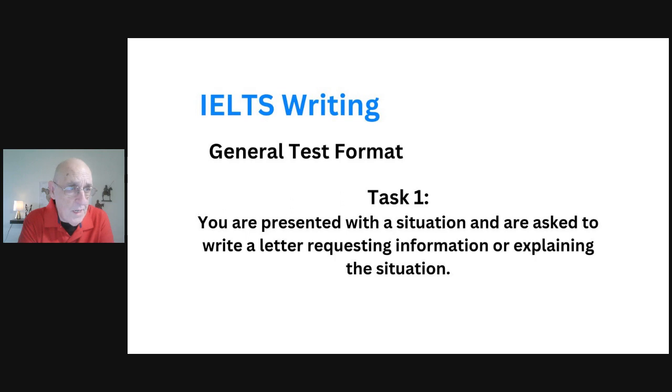So this could be anything from wanting to complain about service you received from an internet provider or dissatisfaction with something that you bought at a store. It may be to book an appointment with someone for an interview or even to cancel an appointment.